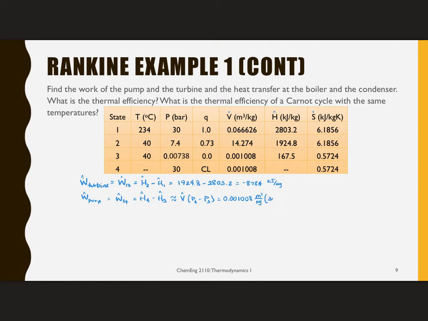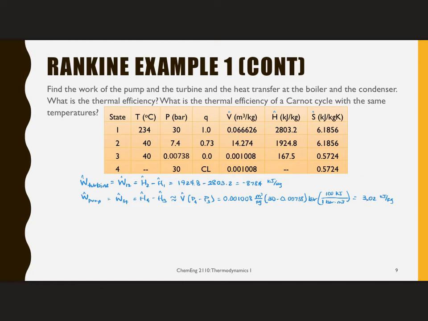This is 30 minus 0.00738 bars. And I need a conversion factor. 100 kilojoules is 1 bar times a meter cubed. And so now I have that the work of the pump is 3.02 kilojoules per kilogram. Okay, much, much less, right?